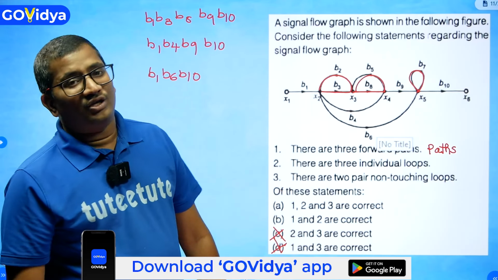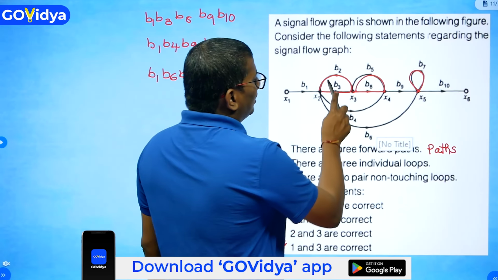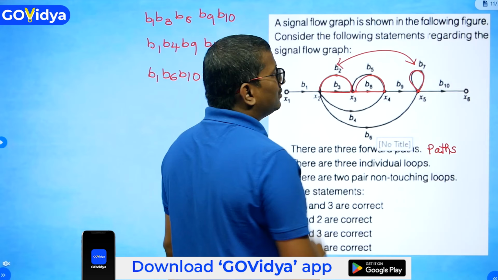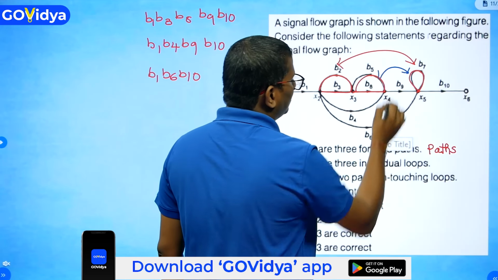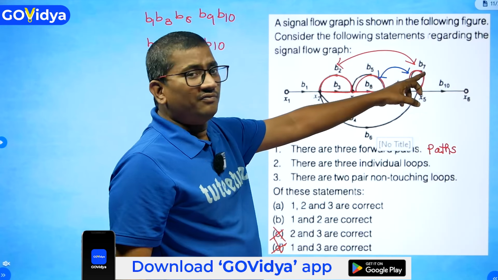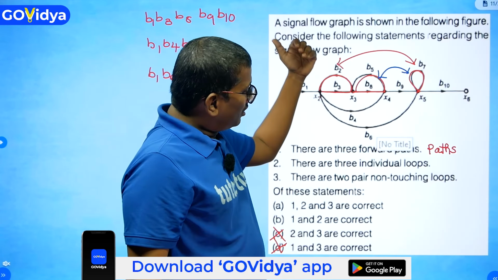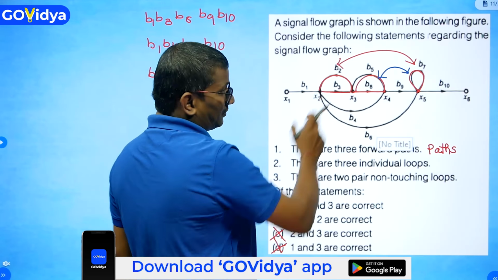Two pairs of non-touching loops. Yes or not? You see, this and this, is it touching? No. This and this, is it touching? No. So this is one pair which is not touching. This is another pair which is not touching. Therefore, two pairs of non-touching loops. Can we say that? Yes. But these two are touching.